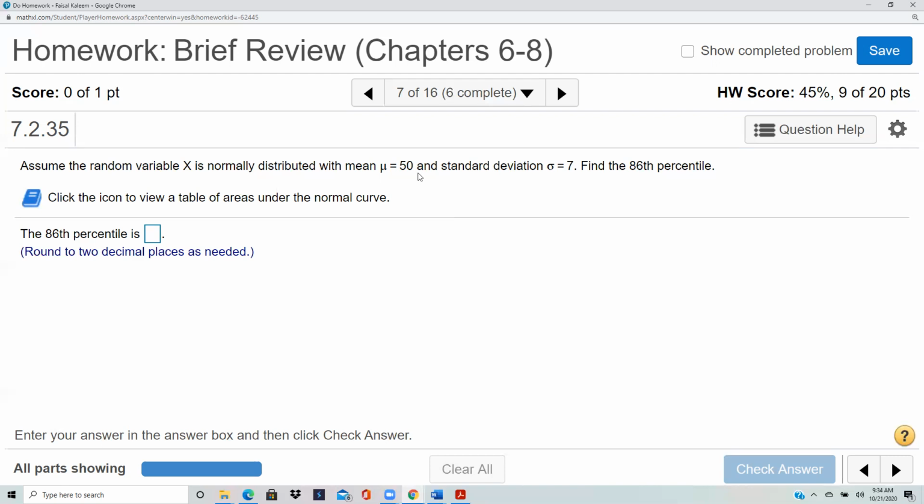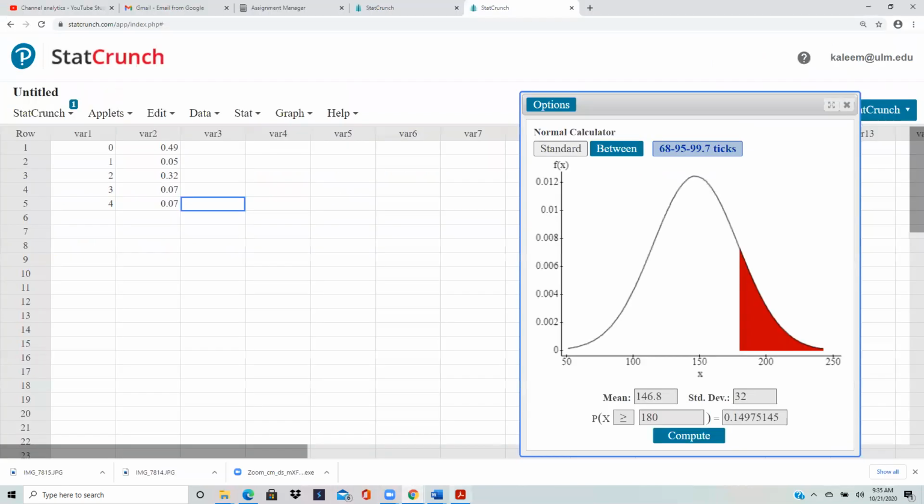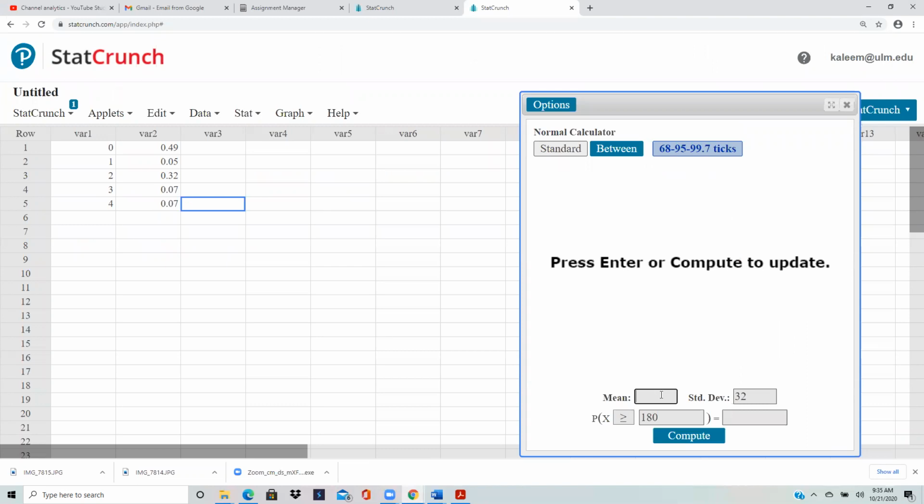So the mean is 50, standard deviation is 7. And now based on what we just said, that 86% of girls are below you, where does the 86% go?